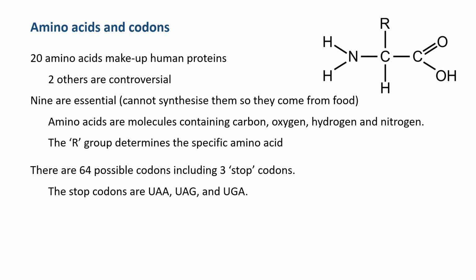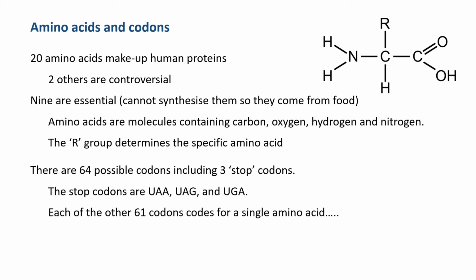Because of that combination, those pairing possibilities, there are 64 possible codons, including 3 stop codons. So we have 61 codons coding for 20 amino acids. The stop codons, incidentally, you don't have to remember this, are UAA, UAG, and UGA.